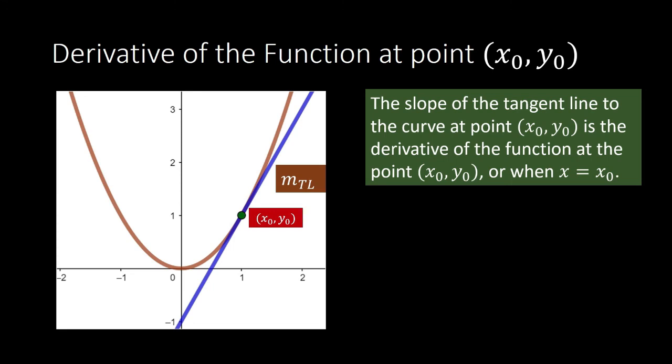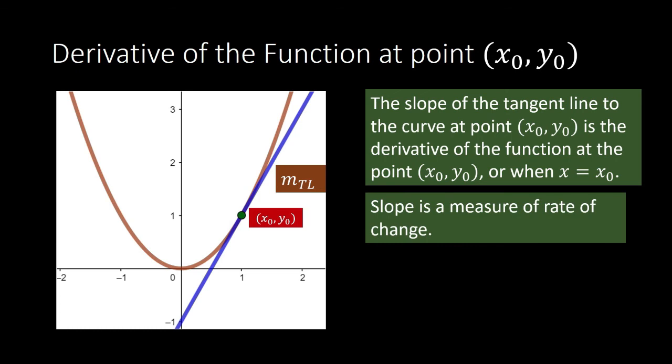The slope of the tangent line at the point x sub 0, y sub 0 is the derivative of the function at the point x sub 0, y sub 0. Or another way of saying it is the slope of the tangent line to the curve is the derivative of the function when x is equal to x sub 0.